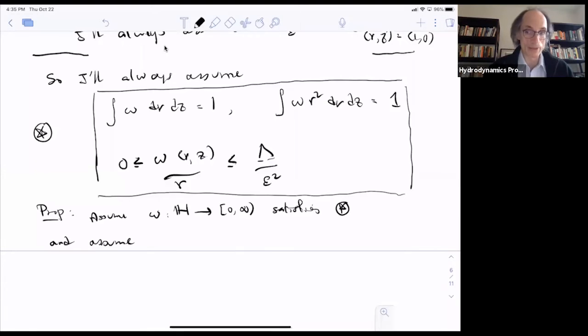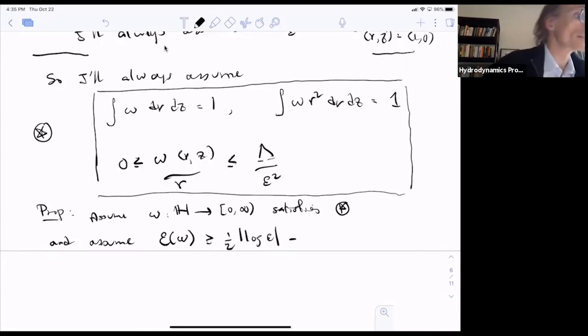And so the energy is bounded above. We can construct examples for which the energy scale is like 1/2 log epsilon. We'll see why this is true. And so let's assume that the energy of omega is bigger than 1/2 log epsilon minus some constant, let's call it kappa, say.